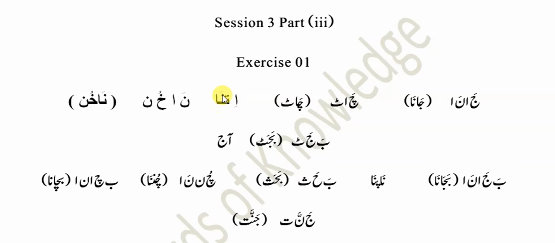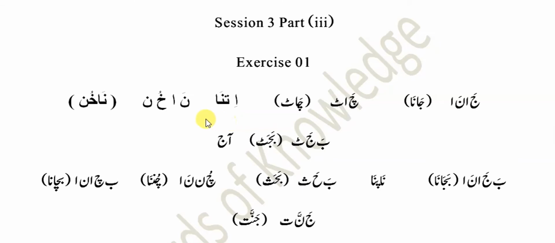Then it's Noon. Noon has a diacritical mark over it. So we'll read it like Noon Zabar. Then it's Alif in connected form with Noon. Noon Zabar Alif Na. So the whole word would be Alif Zair Te, It, and Noon Zabar Alif Na. The full word would be Itna.